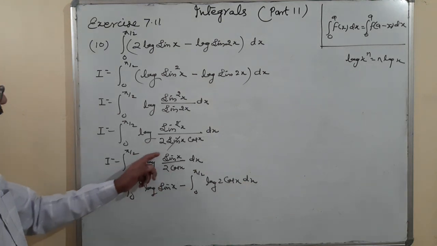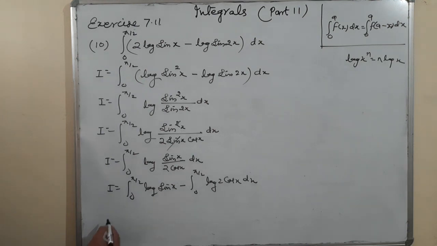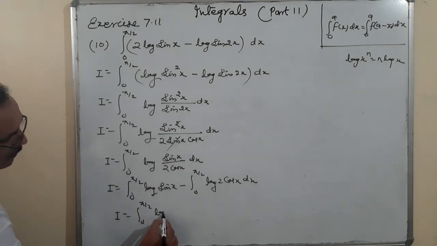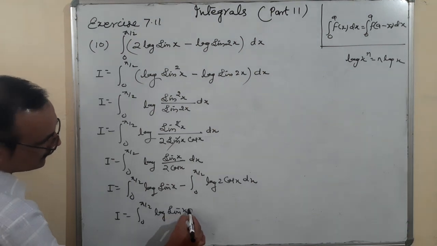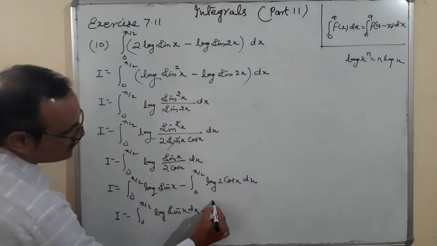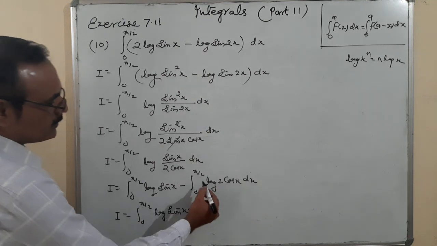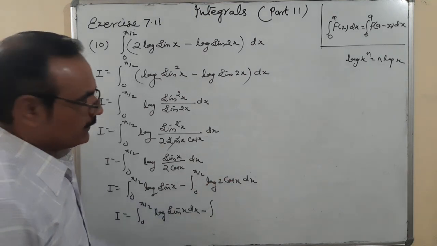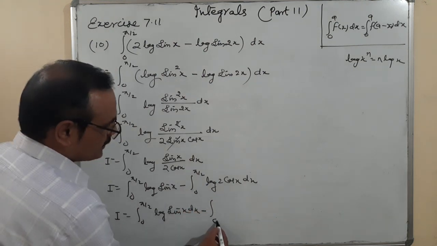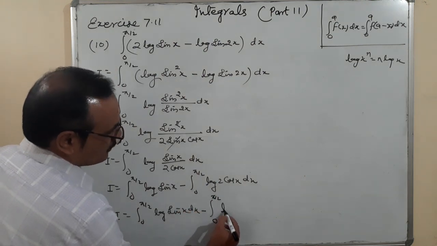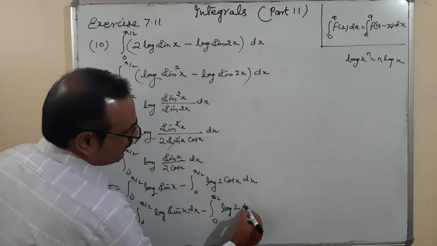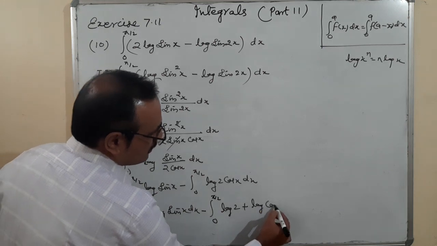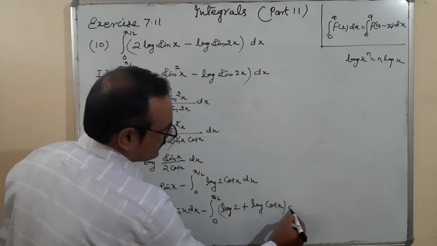Log m upon n, log m minus log n. I is equal to integral 0 to pi by 2 log sin x dx minus log m into n, log m plus log n. So I can write here integral 0 to pi by 2 log 2 plus log cos x dx.